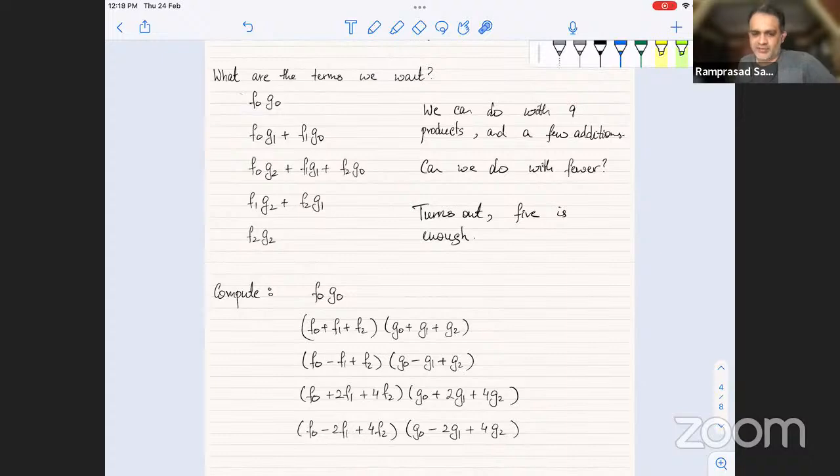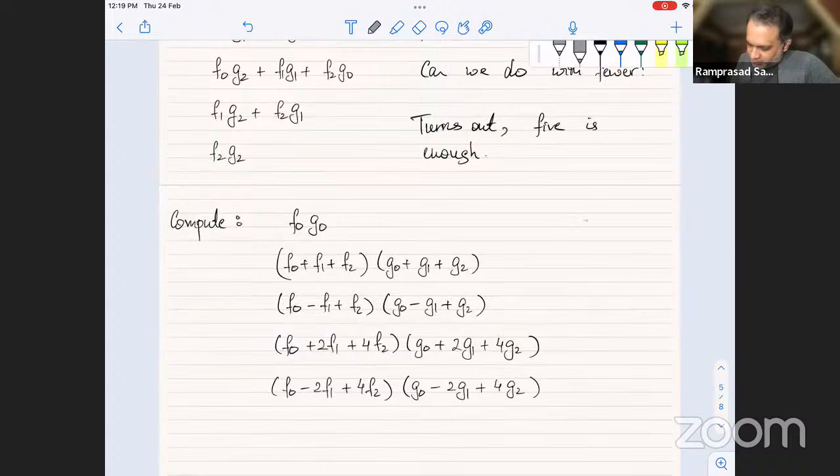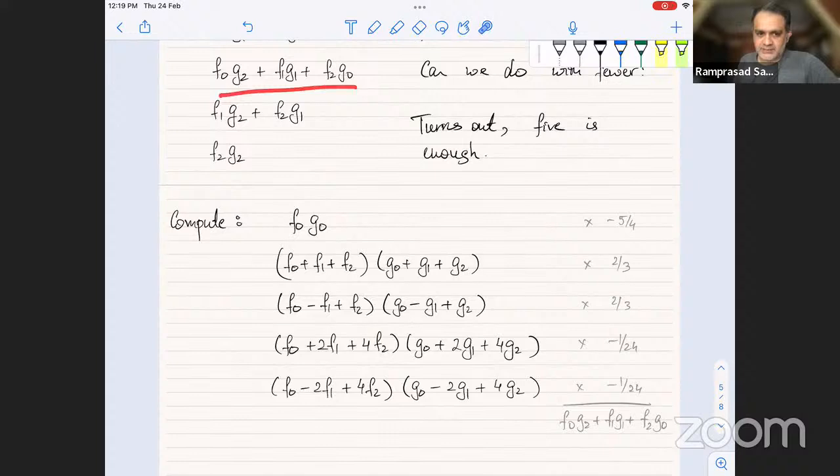Let me give you one such example: if you multiply equation 1 with minus 5 by 4, equation 2 with 2 by 3, this with 2 by 3, this with minus 1 by 24, this with minus 1 by 24, and add all of this up, you get f0 g2 plus f1 g1 plus f2 g0, which is one of the things.